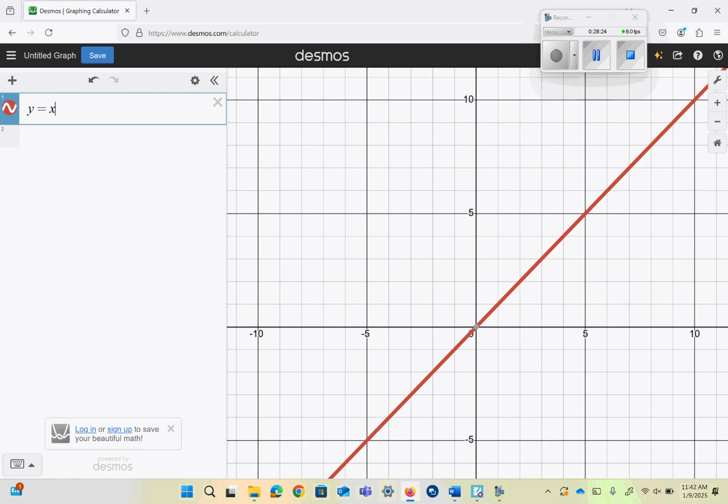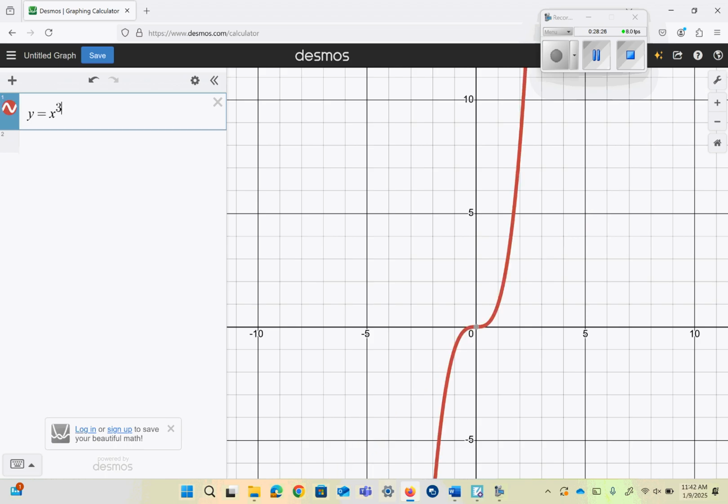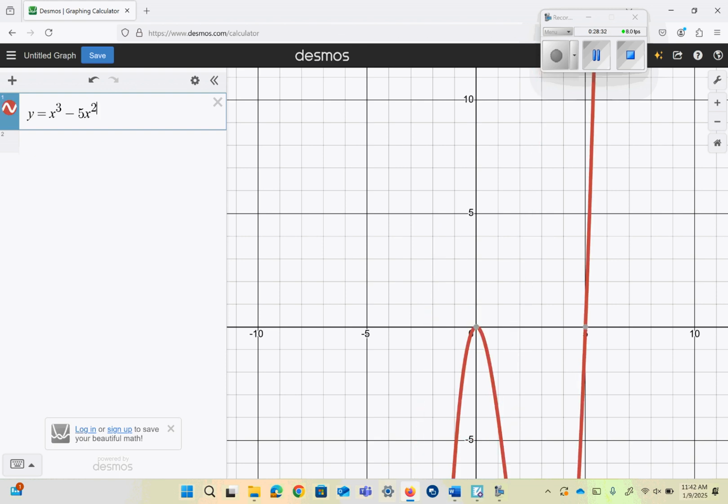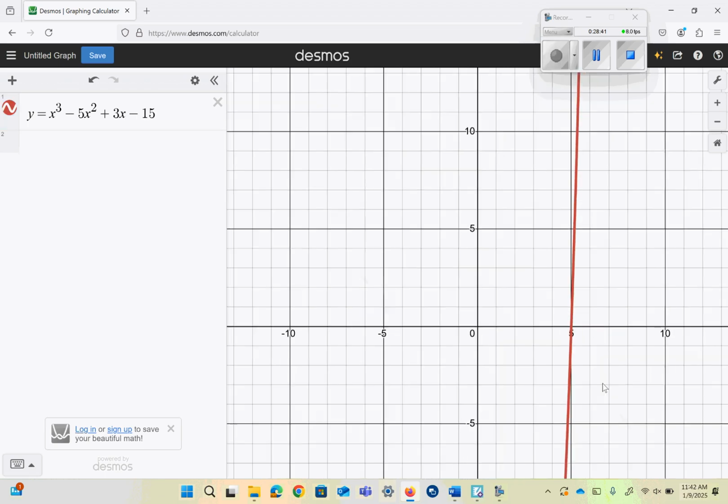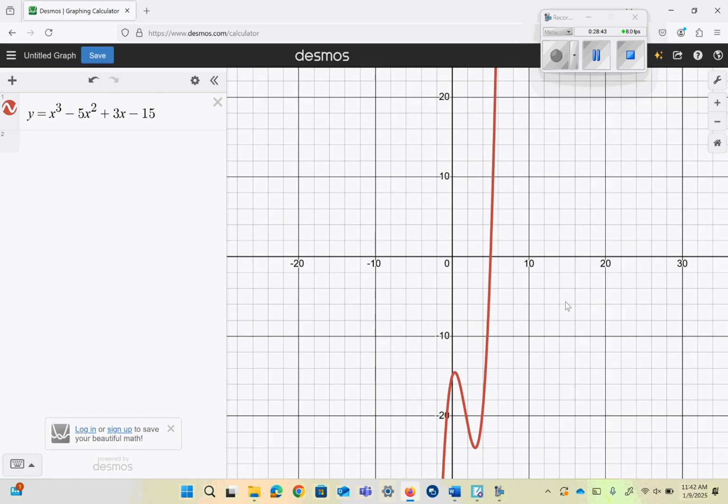So let's go back to that original problem and take a look at how Desmos would have done this. Minus 5x squared plus 3x minus 15. All right, remember we said that it's crossing 1 time? Was that one of my solutions I had on my homework on that one problem?